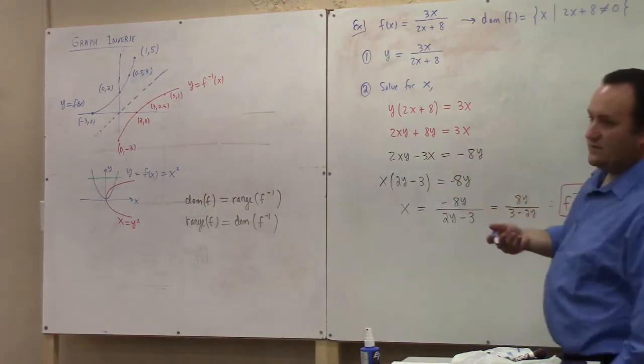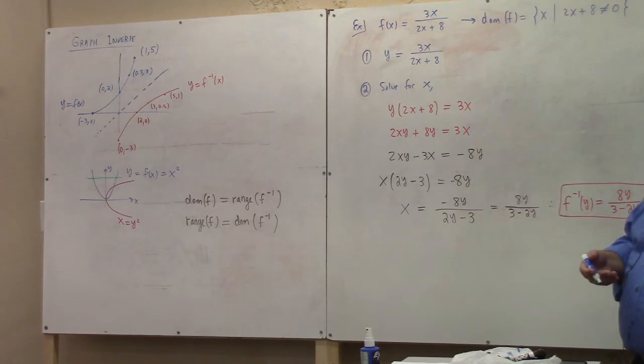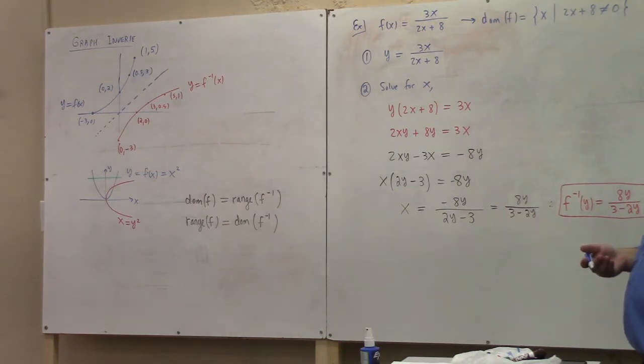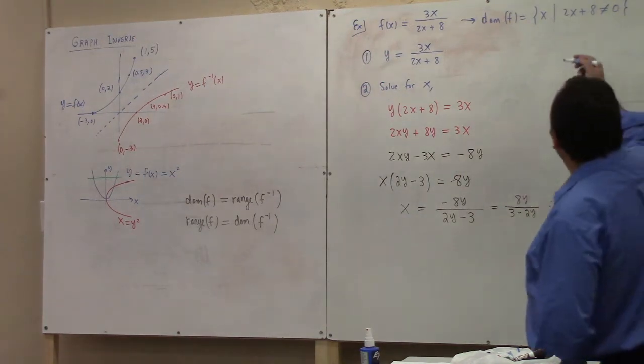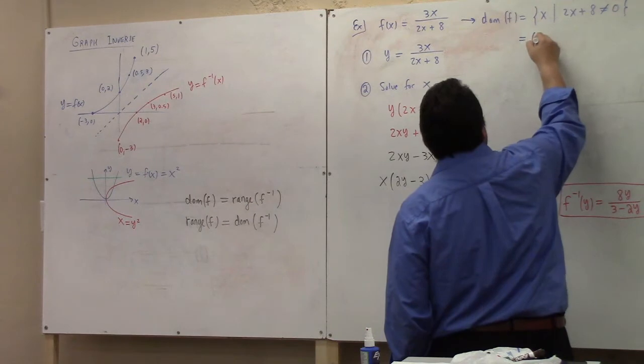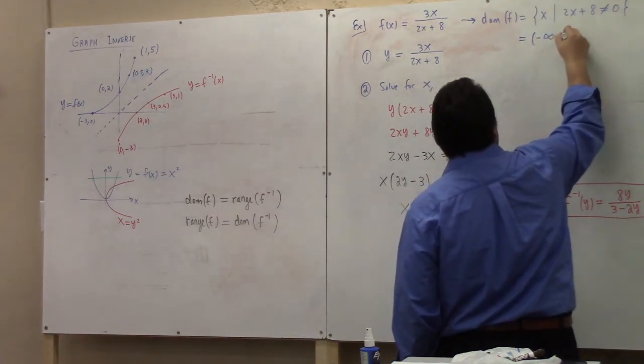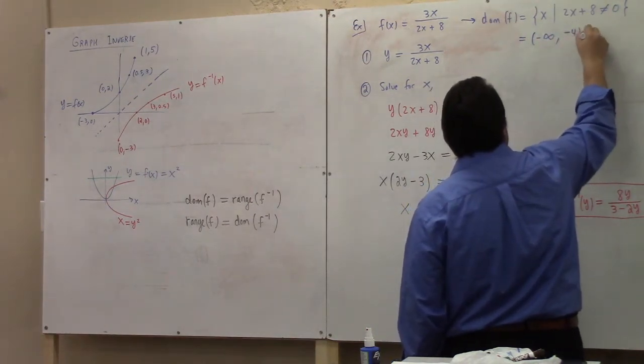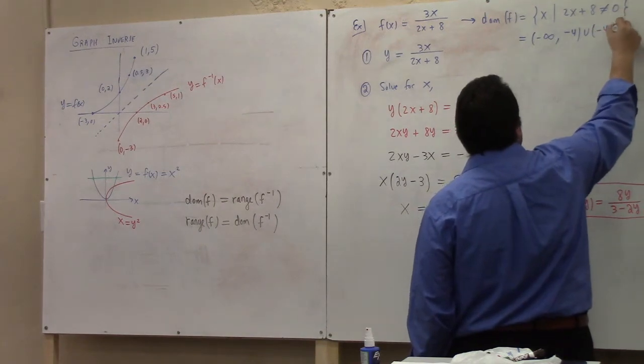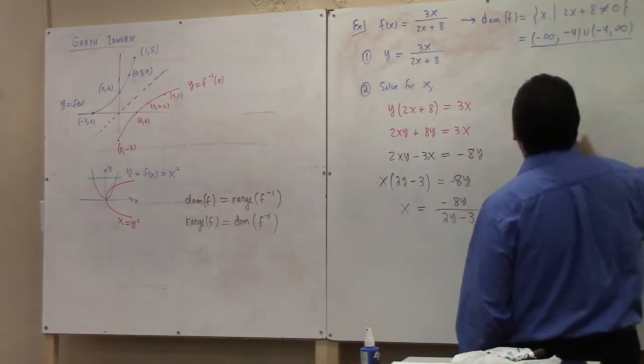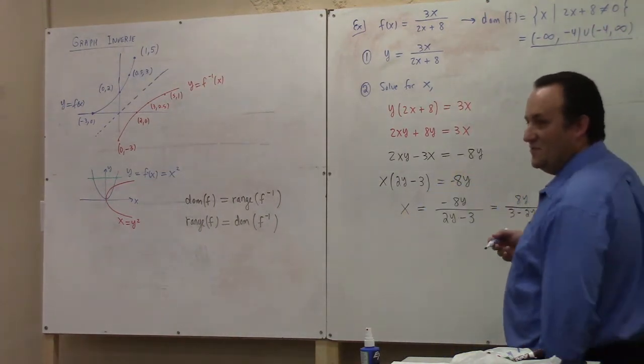It's x such that 2x plus 8 is not equal to 0. We could simplify that a lot, right? 2x plus 8 equal to 0 is what? Negative 4 is the troublemaker. So we could say that the domain of f is really just minus infinity to minus 4, unioned with minus 4 to infinity. So just exclude minus 4, right? Now here's a question. What's the range of f?